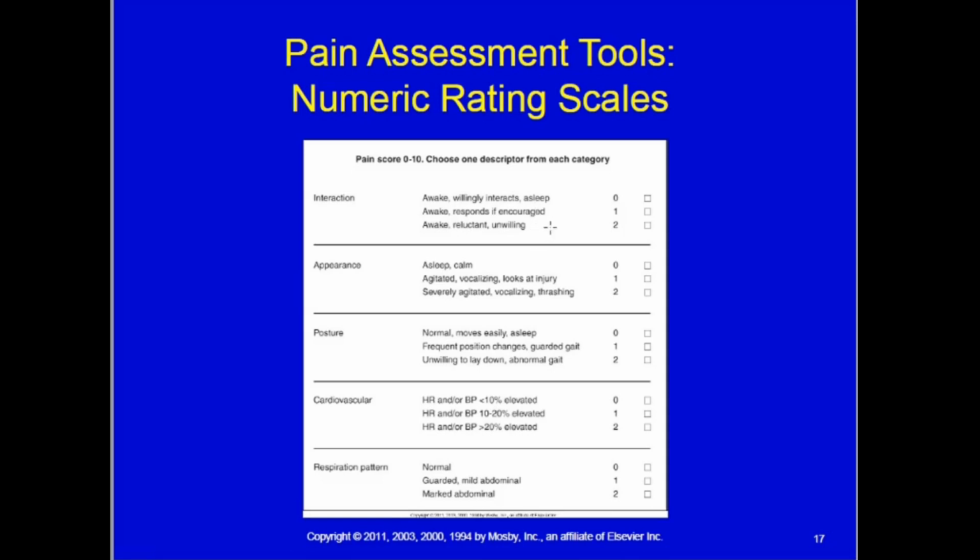In all the parameters there is scoring from 0 to 2, so accordingly we give this scoring system from 0 to 10. If it is 0 to 3, it is mild. If it is 4 to 7, it is moderate. If it is 7 to 10, it is severe.